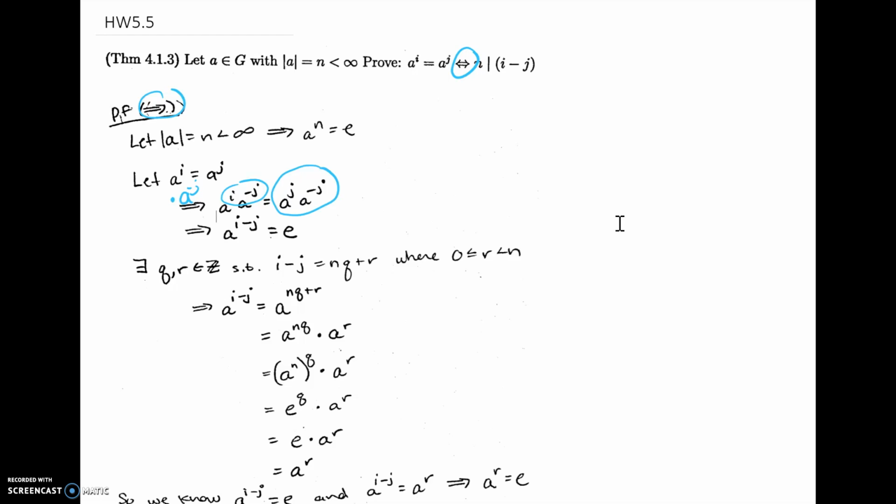So that would mean that A to the I minus J equals A to the NQ plus R. I broke down the right side.